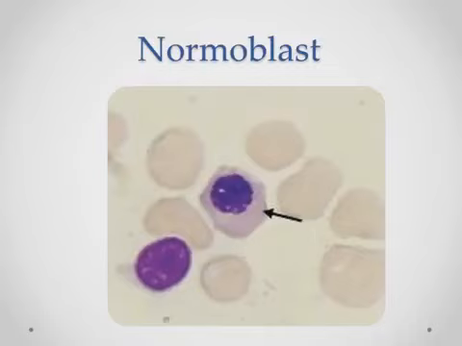The nucleus of the lymphocyte is about 1 to 1.5 times the size of a red blood cell. But the nucleus of the normoblast is a small nucleus, because it can enter into the red blood cells. So if you check, this nucleus can come into this cell, but this nucleus cannot, and it is surrounded by a very thin rim of cytoplasm. So this is the difference between the normoblast and the lymphocyte.